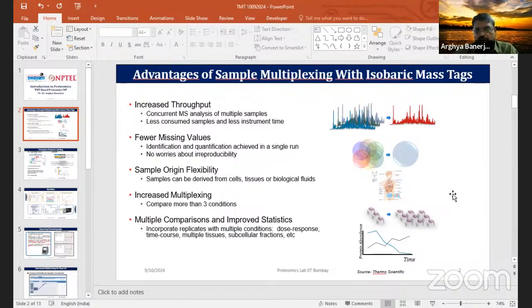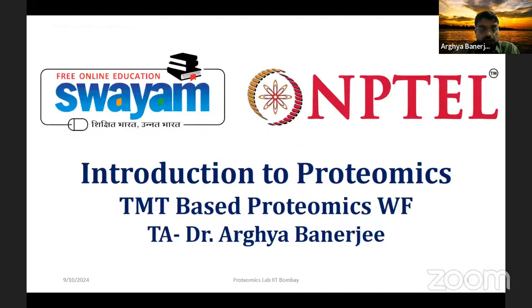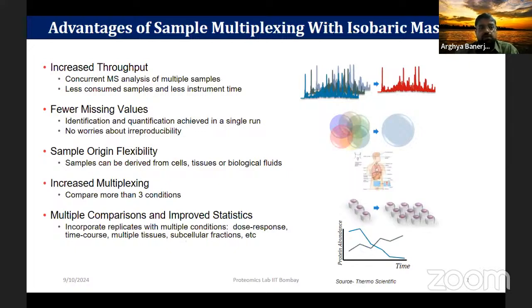Okay, so welcome everyone. Welcome to the introduction to the proteomics course and TMT based proteomics. So first of all, I will be giving the advantages of sample multiplexing with the isobaric mass tags. Though the professor has explained more of it, how and where it is useful in the field of proteomics, it will give you increased throughput.